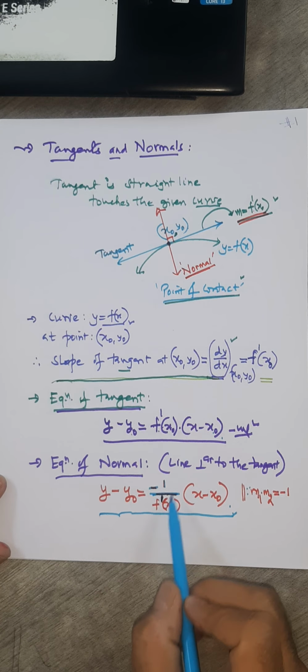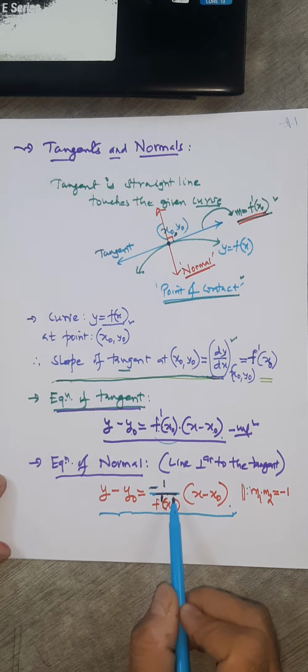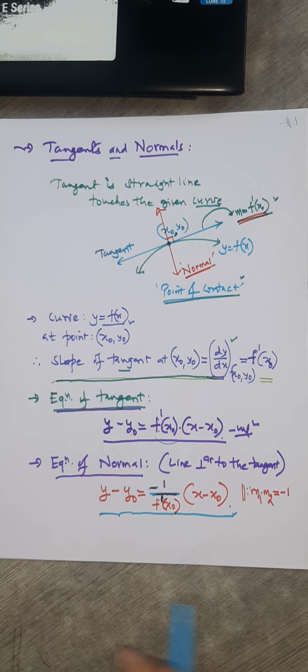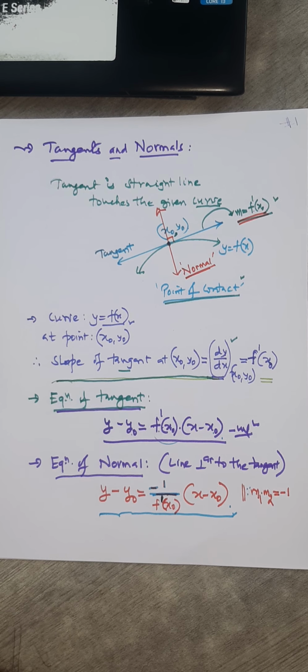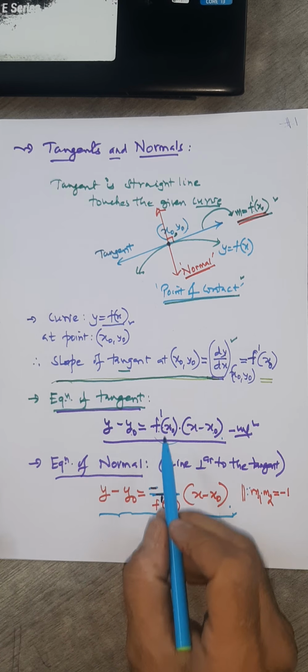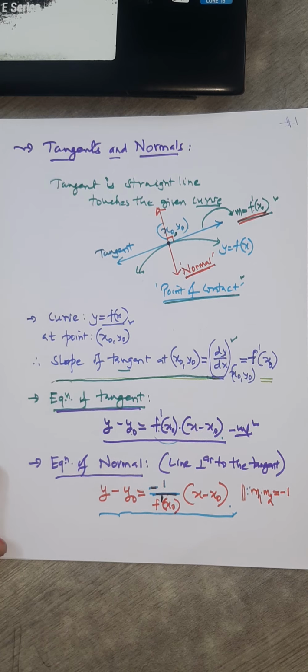Reciprocal with opposite sign. If the slope of the tangent is 3, then this is minus 1 upon 3. Fine. So we have these two things here. Now we get into the next exercise, which is purely based on these two things, dy by dx, that is f dash x0, and this one.